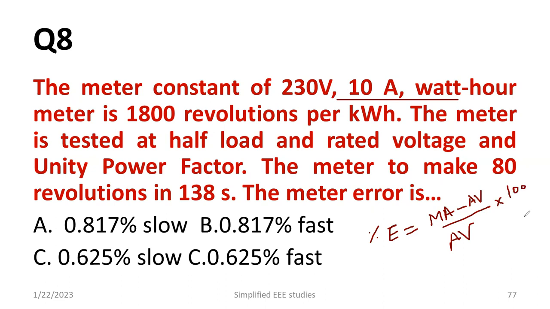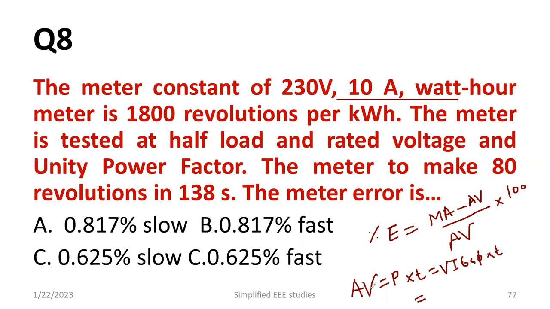First and foremost, I need to calculate the actual value. So let us write AV, actual value. Actual value means energy, no? It's an energy meter. How to calculate the energy? Power into time, right? Power is nothing but VI cos phi. VI cos phi is the power, right? Time, you can write directly.